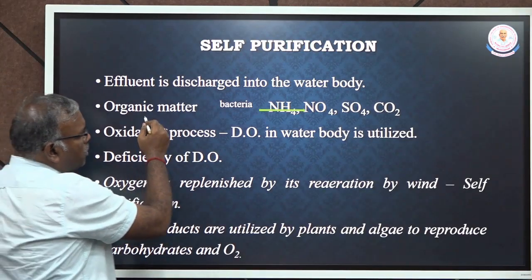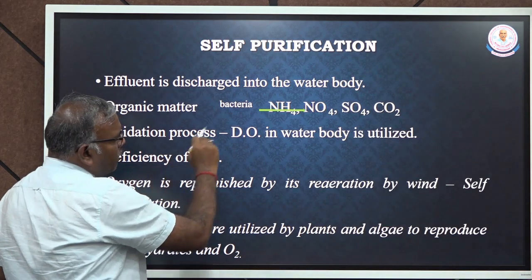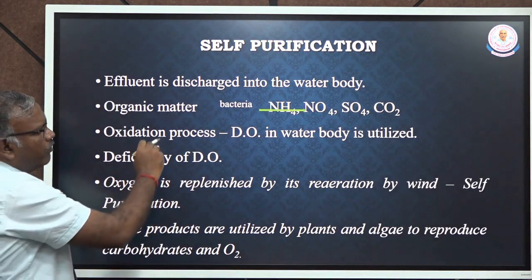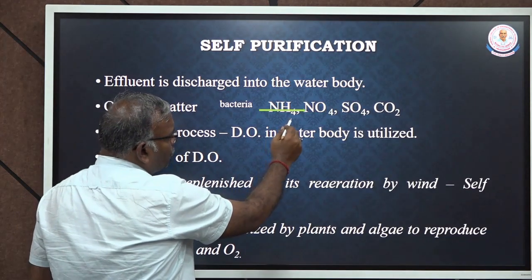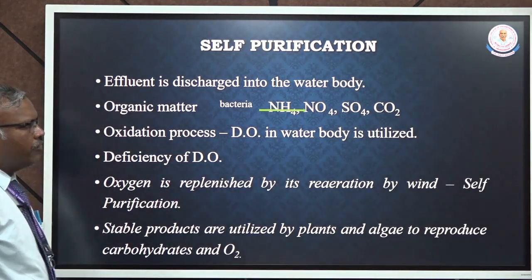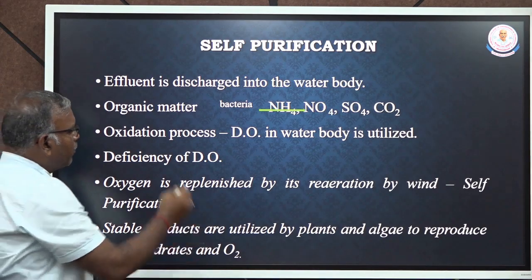Initially, the bacteria play a major role in the degradation of organic substances, and convert the organic substances into ammonia and oxides of nitrogen, sulfur and carbon.